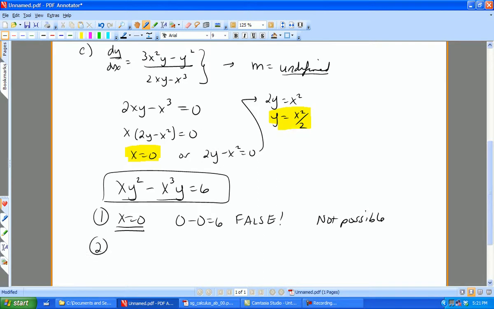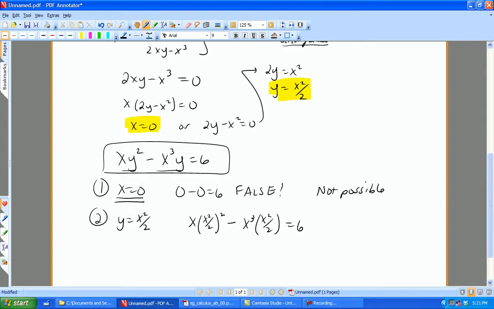The other possibility was that y equaled x squared over 2. So let's substitute that in for all the y's. The equation will say x, and where I see y squared, I'll put x squared over 2 squared, minus x cubed times y, which is x squared over 2, equals 6. If I work this out, that's x to the 4th over 4, so times x gives me x to the 5th over 4, and this gives me x to the 5th over 2, equals 6.